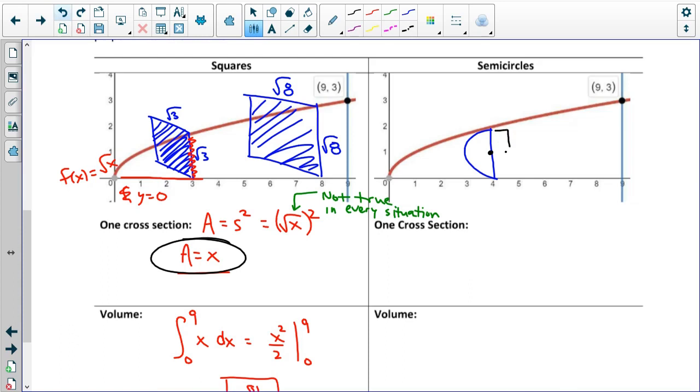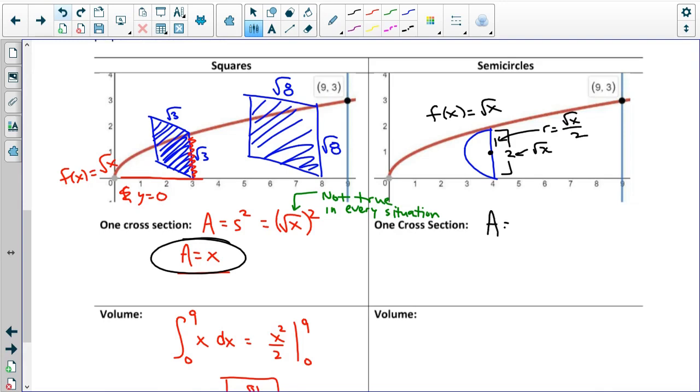And that's because, remember, my function in this problem is f of x equals root x. So my diameter is 2, which means my radius is 1. So if I'm thinking about this particular situation at 4, what I have is this is root x, which means that my radius in this particular problem is root x over 2.